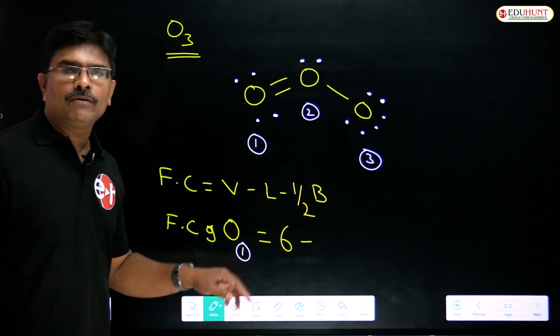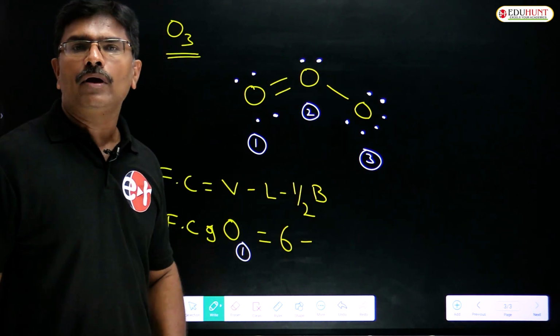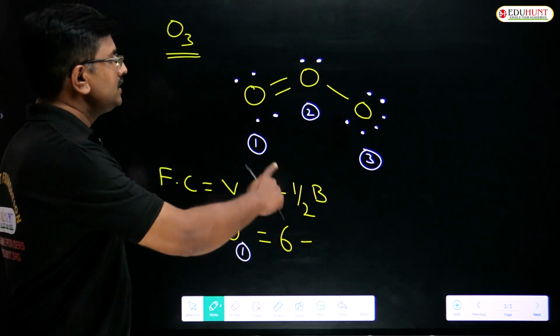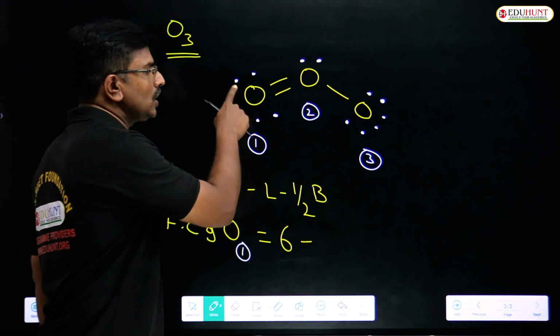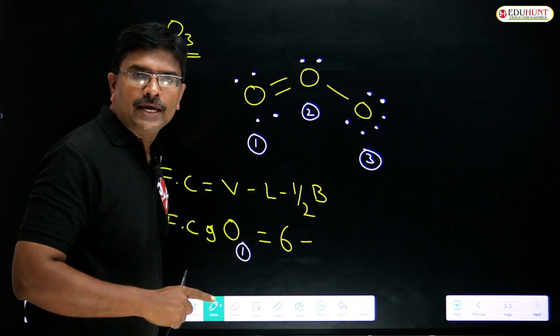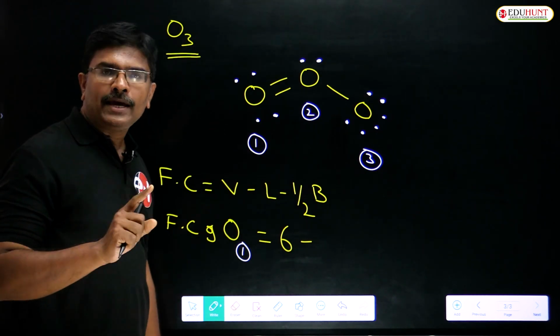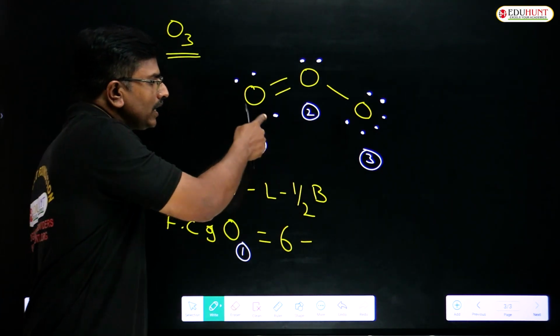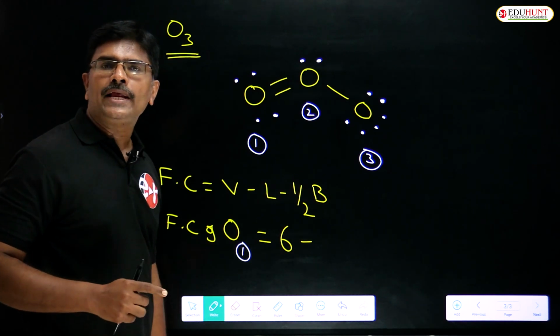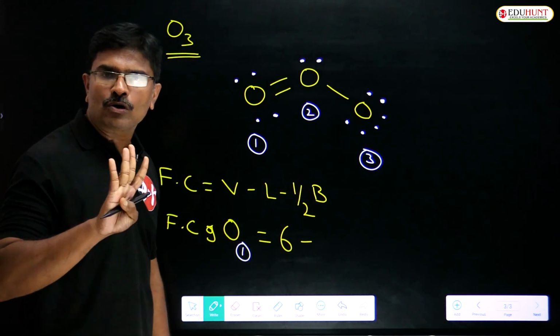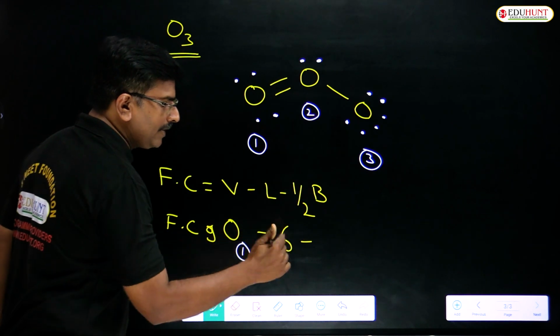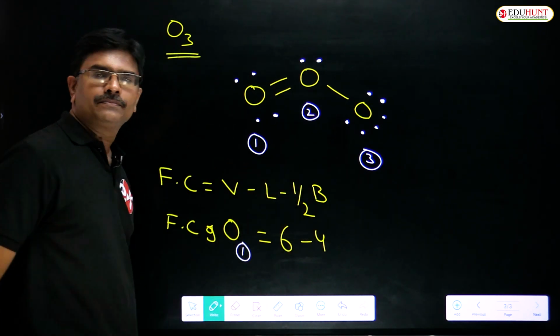And in the place of L, we have to write the total number of electrons in the lone pairs. This oxygen has 2 lone pairs. A pair generally has 2 electrons. Since there are 2 lone pairs, the total number of electrons in lone pairs is 4. So in the place of L, we should substitute 4.